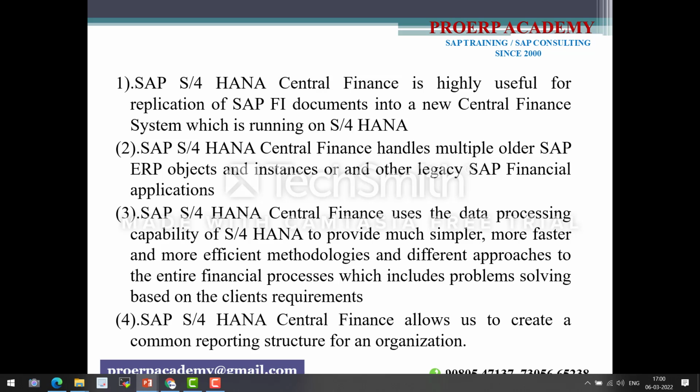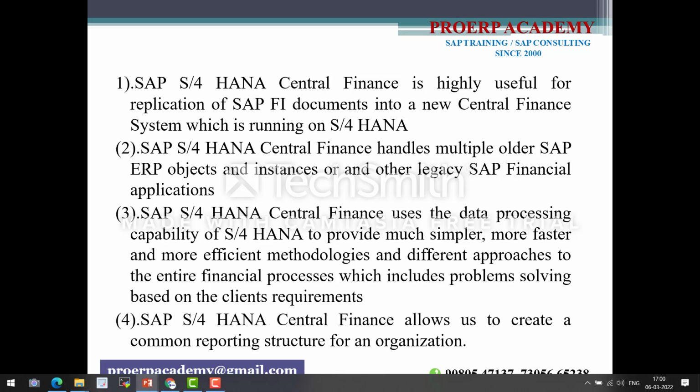We have reports in the controlling module and all other stuff. That means all the end-to-end configurations from both SAP FI and SAP CO modules of our traditional SAP ECC system should be completely replicated into our new central finance system, which is running on S/4HANA applications.